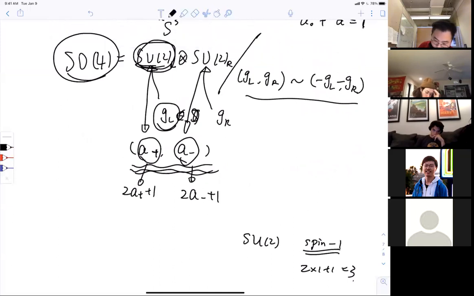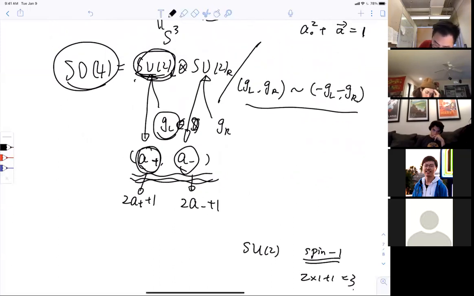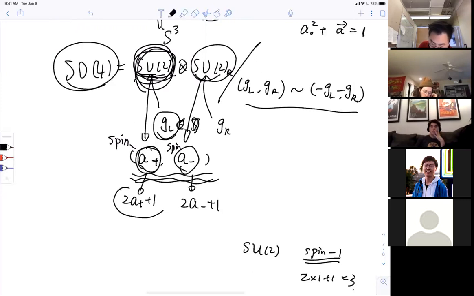So A plus corresponds to the spin A plus representation of the first SU2, and A minus to the second, and the degeneracy, or dimension, is given by 2 times this number plus 1. And now, because it's a tensor product, the total dimension of this representation is the product of those two numbers.